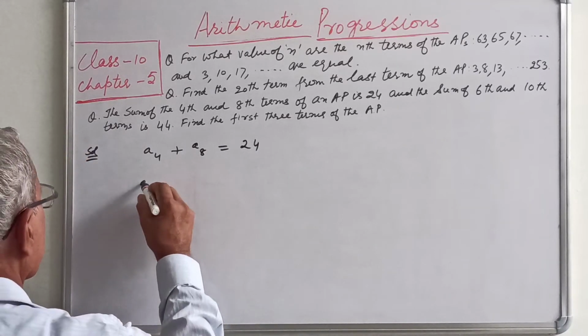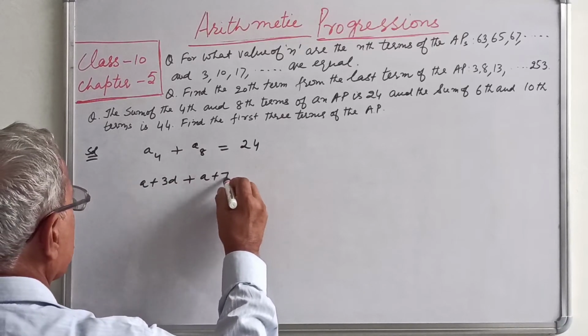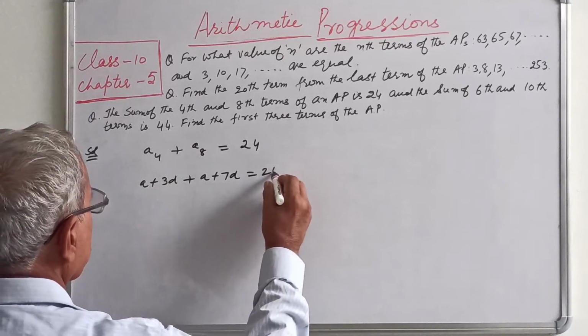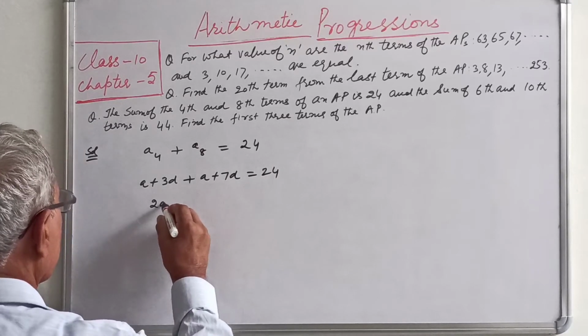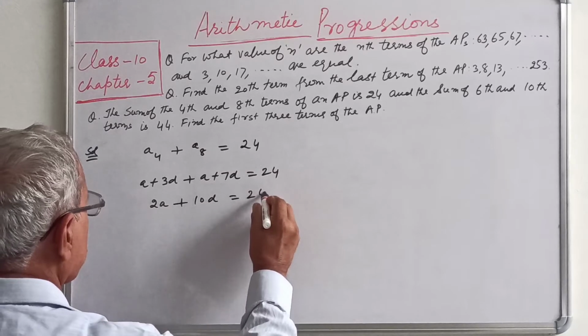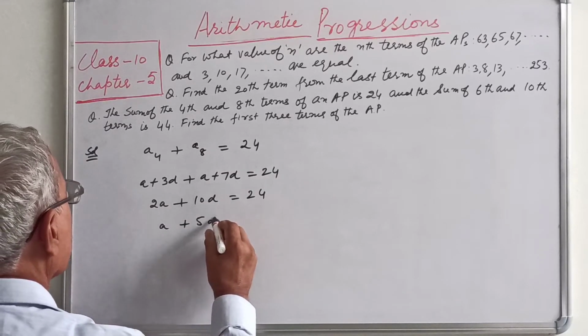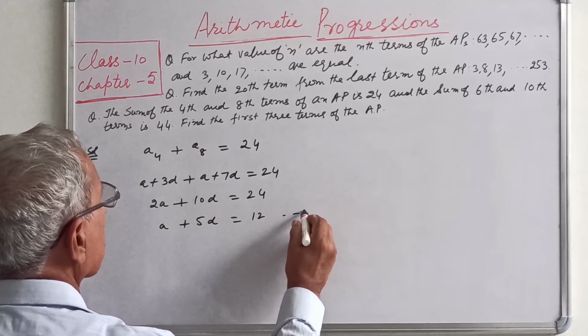So this becomes A plus 3D plus A plus 7D is equal to 24. So 2A plus 10D is equal to 24. Dividing by 2, A plus 5D is equal to 12. Equation number 1.